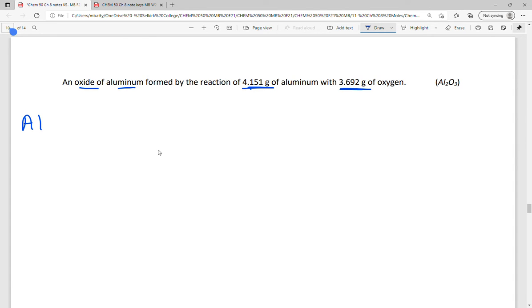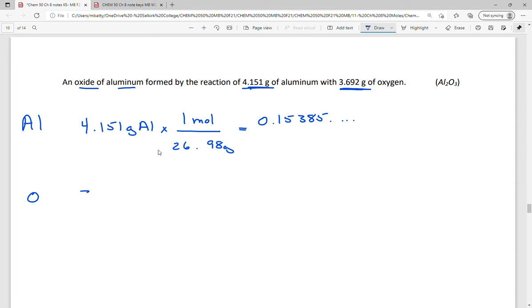So aluminum is off the top here, and I know that I have 4.151 grams of aluminum. I do know that each mole of aluminum, the molar mass, right off the periodic table is 26.98 grams. So on my calculator, and this is going to be a big ugly number, but I'm going to write it out for us. Something like that, 0.15, and so on. I'm going to do the same thing for oxygen.